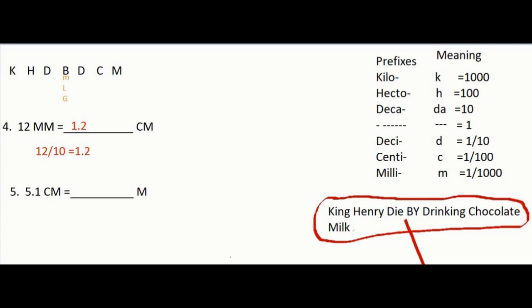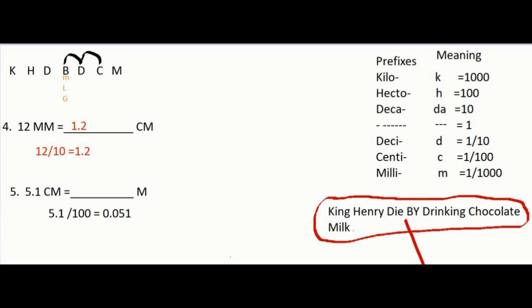So I'm going to start from C to meters. So I have to move to the left. So let us count. It's going to be 1, 2. So we move 2 places to the left. Therefore, we must divide by 100.